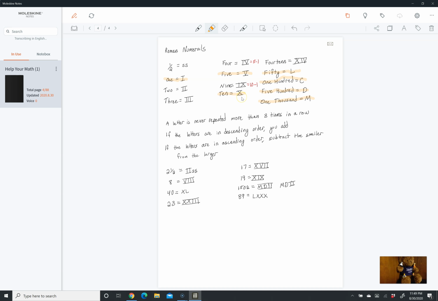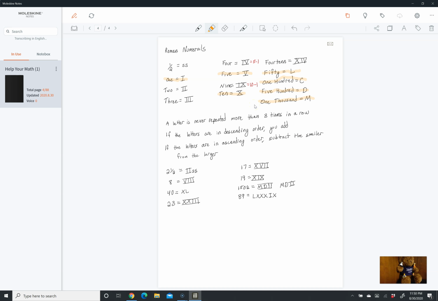And then we have an 89, right? So we have the 80. Now we need the 9. The 9 is IX. And notice it's okay to have the extra X here. That's okay as long as it's not more than 3 in a row. So this is a fourth X, but it's not with the 3 in a row.